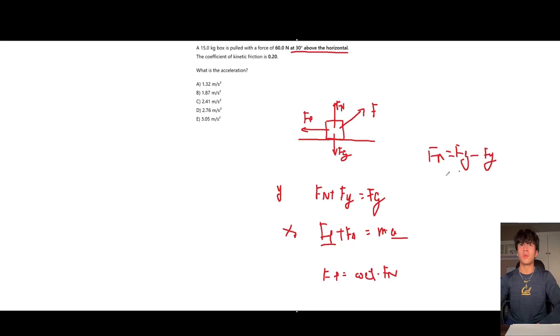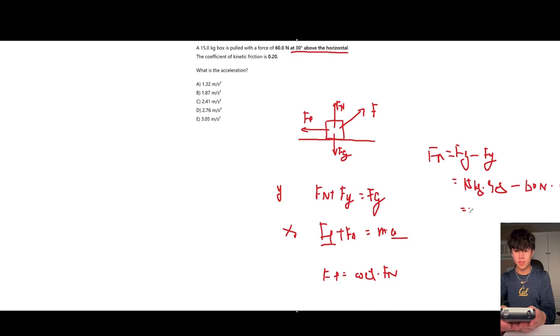So it will be 15 kg times 9.8 minus the y component of our force, which is 60 newtons times sine of the angle. Always remember the y component of a force is the force times the sine of the angle. So we get 15 times 9.8 minus 60 times sine 30, which should give us 117. So now we have our normal force.